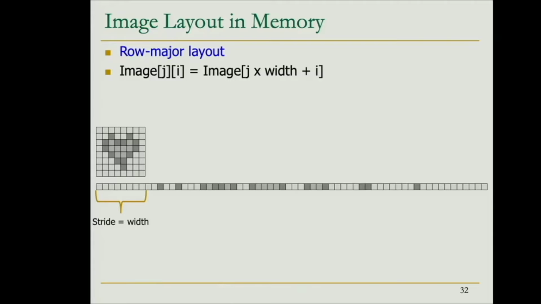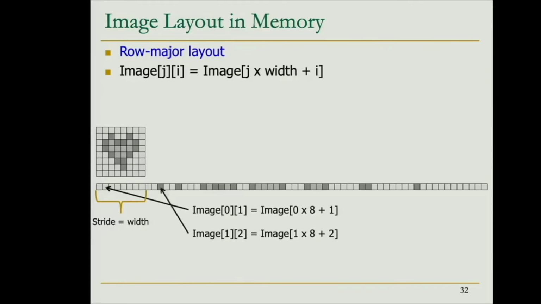So whenever we are talking about image element [j][i], it's actually in memory image[j times width plus i]. For example, image[0][1] is actually element 0 times 8 plus 1, or this one, image[1][2].